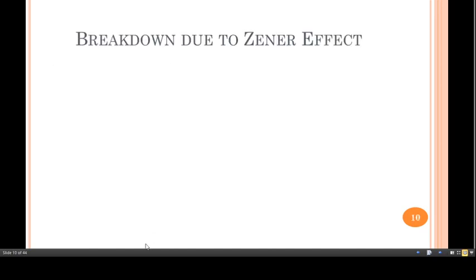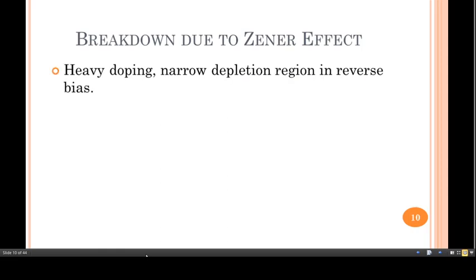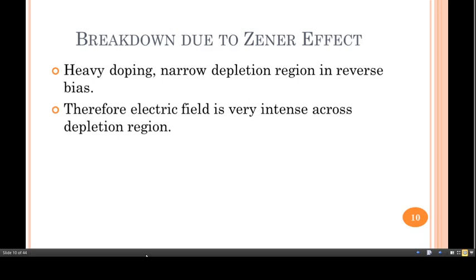Now we will see the breakdown due to Zener effect. So we have seen that due to heavy doping, the depletion region created is narrow in reverse bias condition. All the reverse bias voltage V appears across that narrow depletion region, and therefore the electric field is very intense across this depletion region.